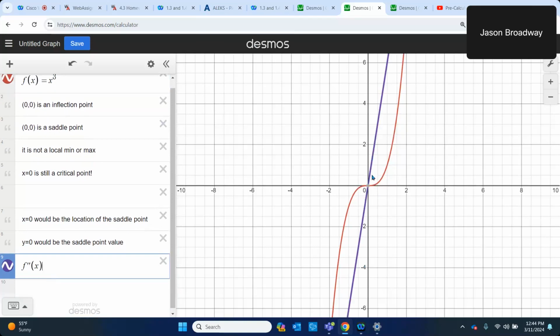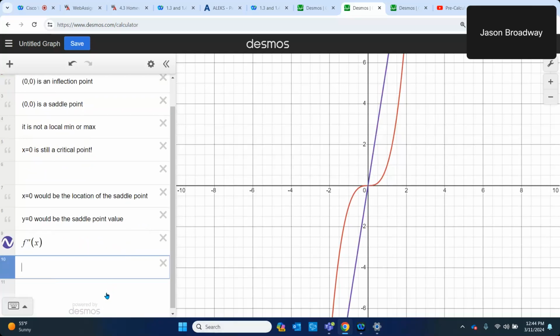It does what an inflection point is supposed to do. It either vanishes or fails to exist at the point of interest. In this case, it vanishes to 0, and it changes sign in the immediate vicinity to the left and right. We have an inflection point at the origin. So 0, 0, sure enough, is a saddle and inflection point. Just to summarize.